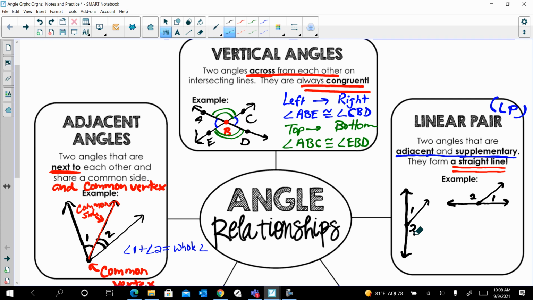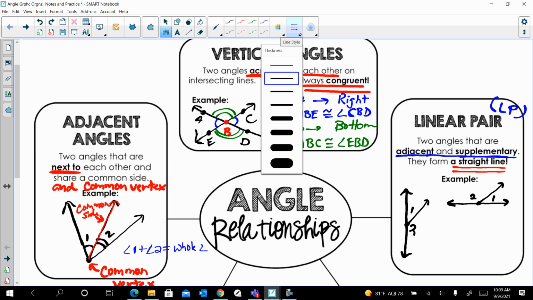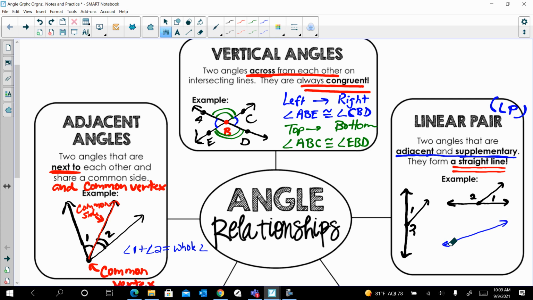The most common way that this happens is with intersecting lines. So I can have two lines intersecting like such. Put my point of intersection. When I have two lines intersecting, now I have a total of 1, 2, 3, 4 angles.